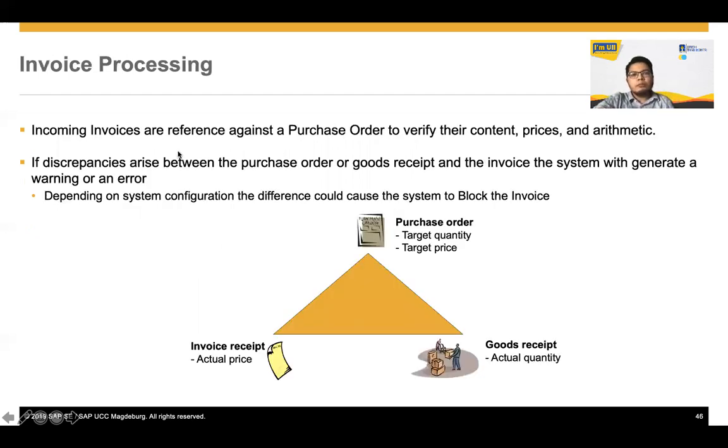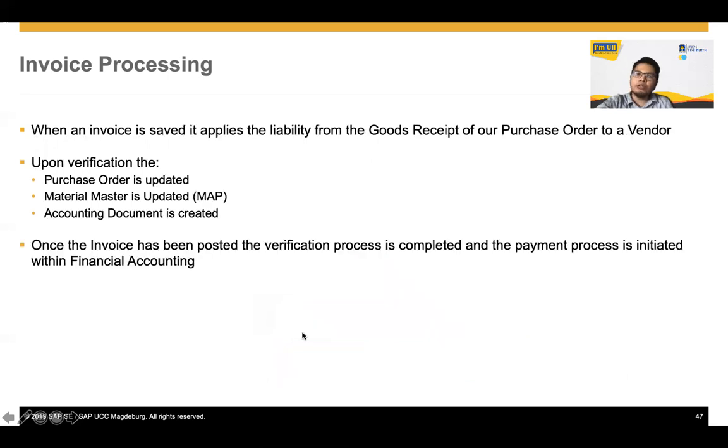At the end, the incoming invoice is referenced against a purchase order to verify that, okay, now after we receive the material, the vendor will likely send an invoice to us, right? Basically, after we create the purchase order and then the material is delivered and then goods receipt is made, we will expect to receive an invoice, and then we need to pay.